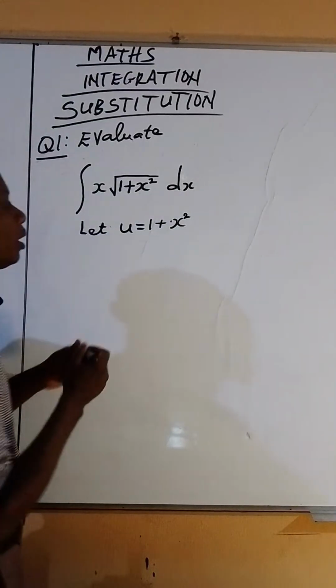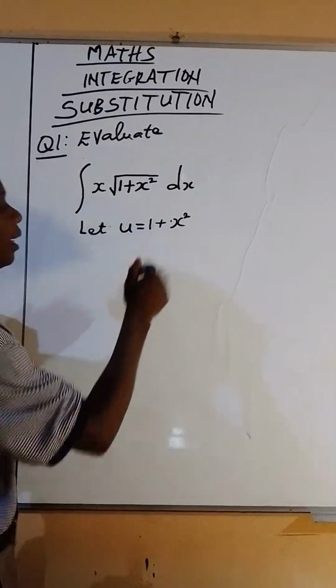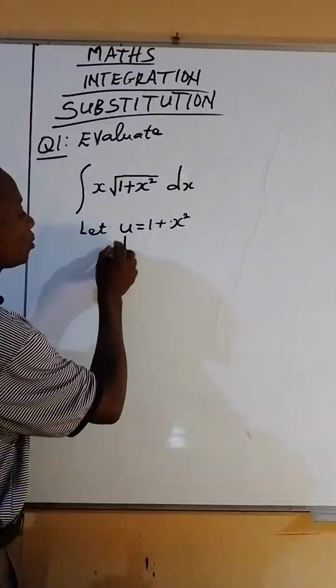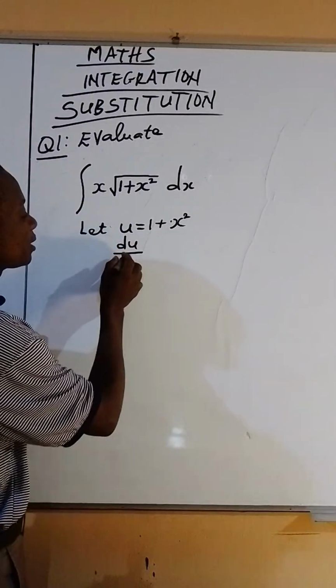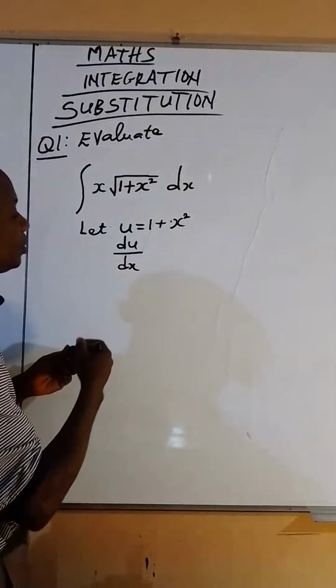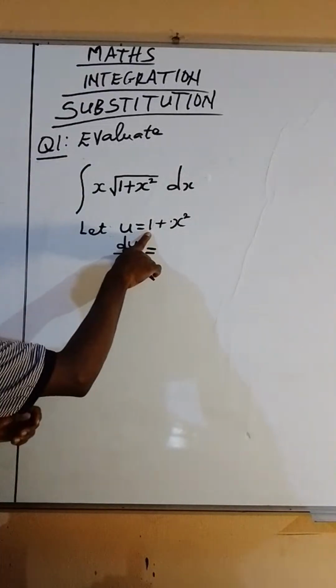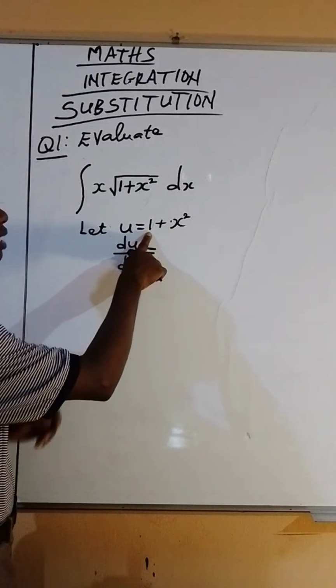Then we are going to differentiate u with respect to x. So we're going to have du dx, as if we are differentiating. If we differentiate 1, we'll get 0, and it vanishes.